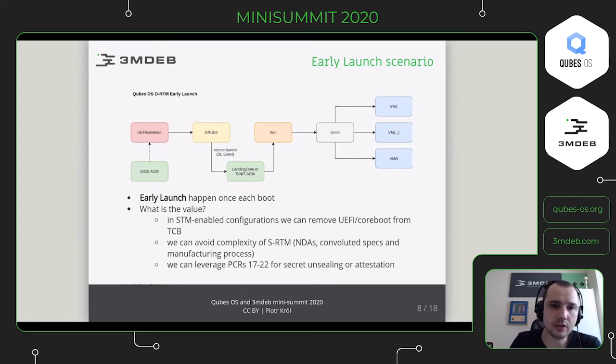Then we have this green rectangle saying landing zone or SINIT ACM. The landing zone is an open source component which you can find in the TrenchBoot repository. It's only for AMD, and SINIT ACM can be downloaded for a given platform from the Intel website, and it is way different than the BIOS ACM mentioned previously.